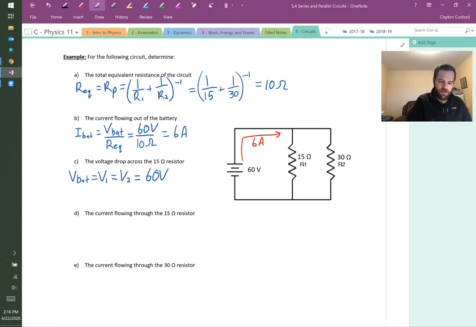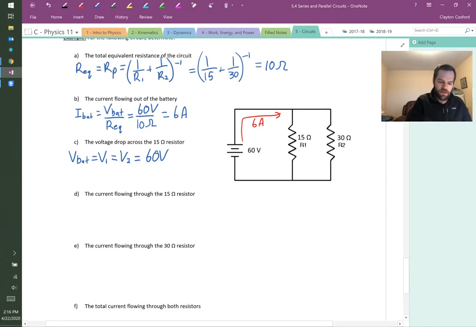So then to figure out the current through this first circuit element, rearranging Ohm's law, V is equal to IR, which gives us I is equal to V over R. So V1 over R1, 60 volts dropped over this 15 ohm resistor, means that 4 amps is going to go through this first branch here.